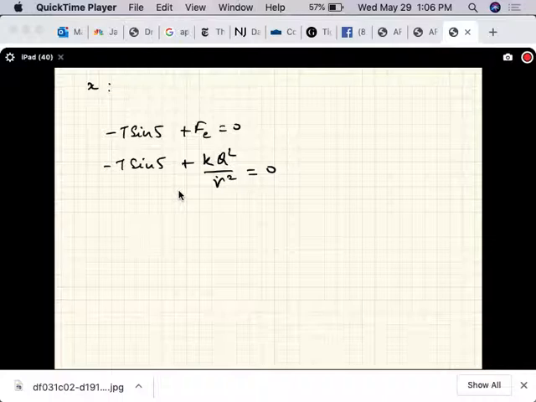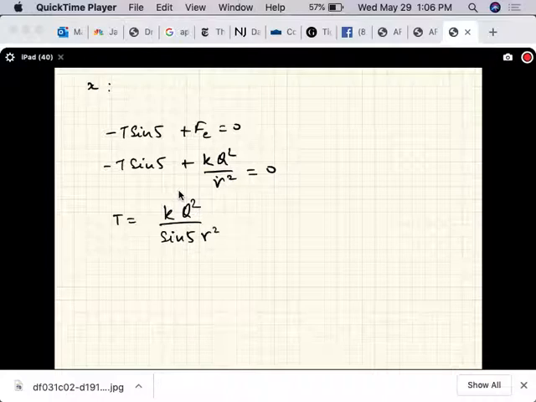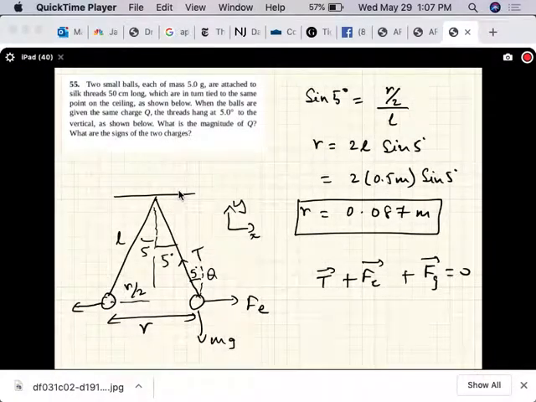So T sine phi equals Fe. Let's look at the y component. T cosine phi, that's the y component, is balancing mg.